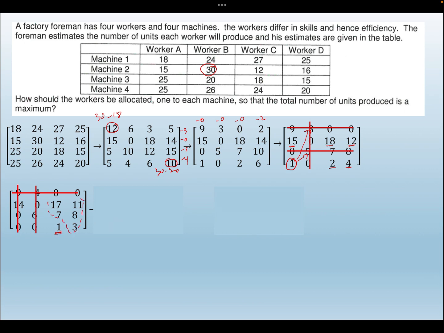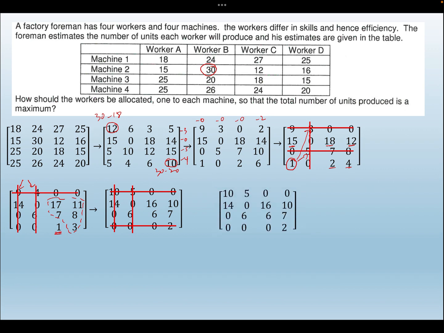We subtract 1 from all of these and add 1 to this 2, and therefore we now have this 4 by 4 matrix. Let's see if we can get 4 lines. Cover 1, cover 2, 3, and 4. Yep, we've got 4 lines. Therefore, we've got the optimum solution.